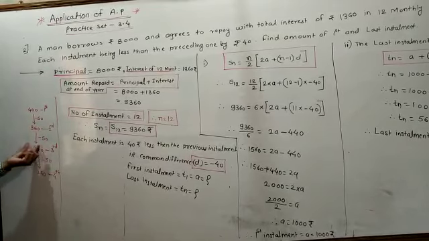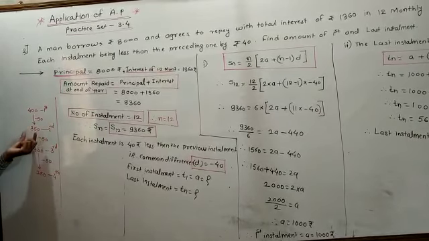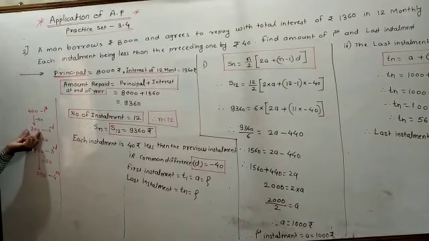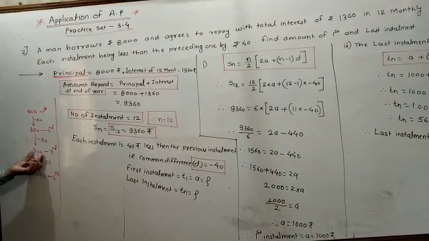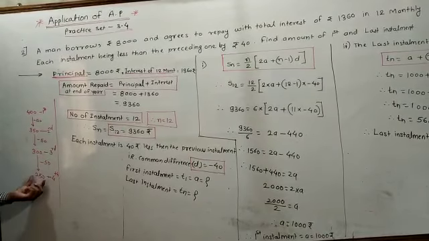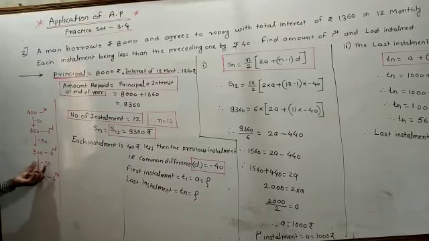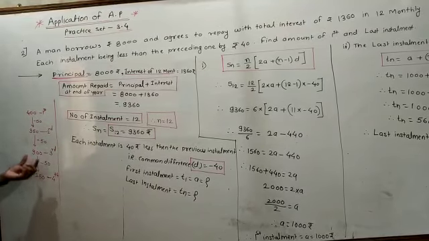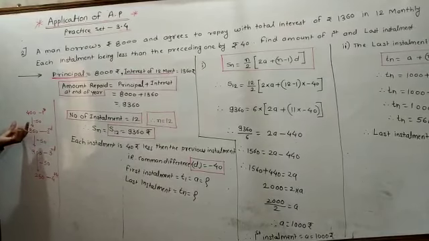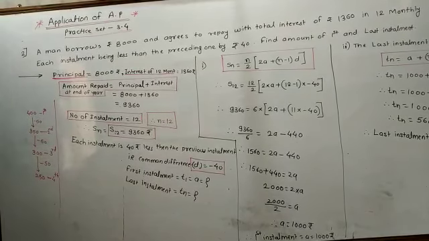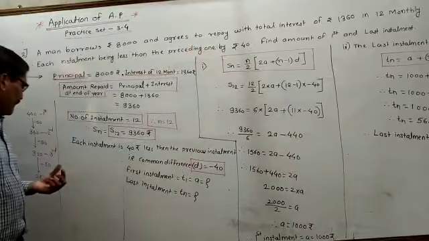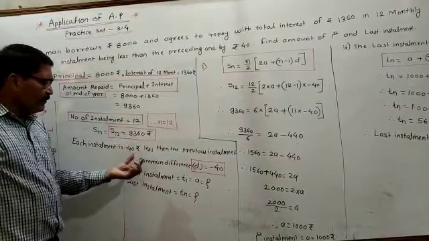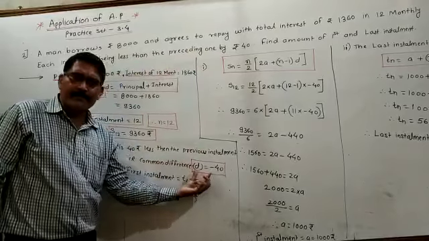Third installment is 50 less than the preceding installment, means 350 minus 50 is 300. The fourth installment is 50 rupees less than the preceding installment, means 300 minus 50 is equal to 250. If each next installment is less than the preceding installment by a fixed amount, then you have to say that the common difference is negative.